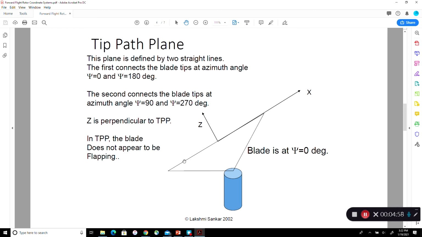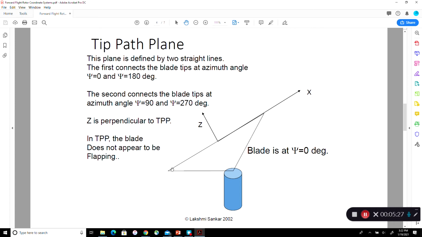The main thing is that in this coordinate system, the rotor disc is touching this plane. If somebody is sitting on this plane, they would say, I don't see any flapping at all. When I look at the back, the blade tip is touching the plane. When I look at the front, the blade tip is touching the plane. So in this coordinate system, the blade is not flapping at all.